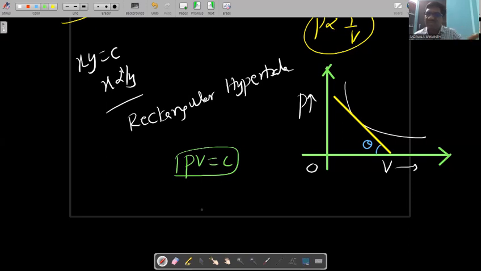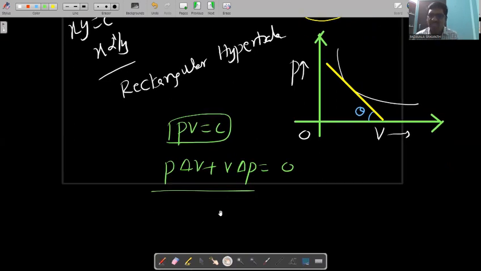Differentiating this equation on both sides, what can I get? P into delta V plus V into delta P is equal to 0, since the differentiation of a constant is 0. This is the product rule, u dv plus v du, according to mathematics.